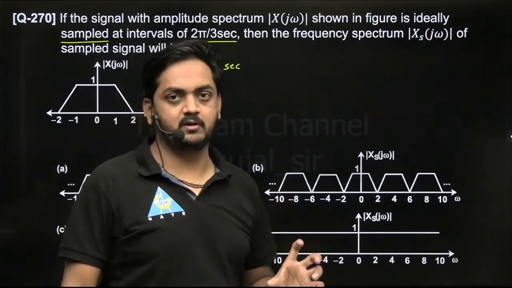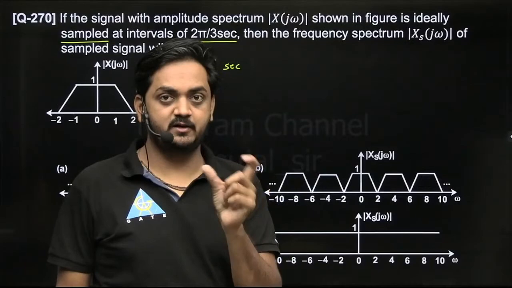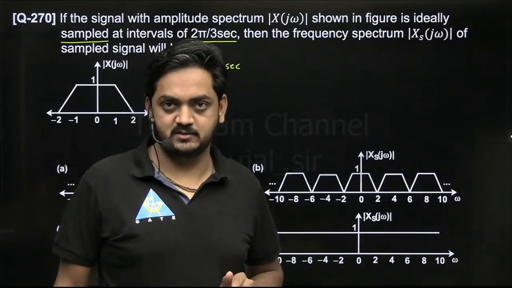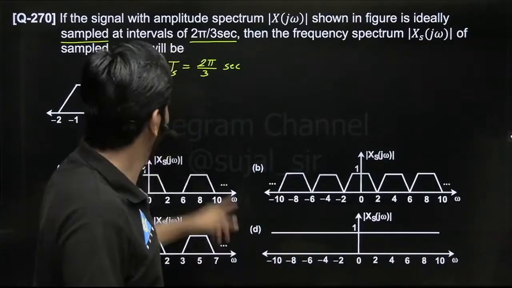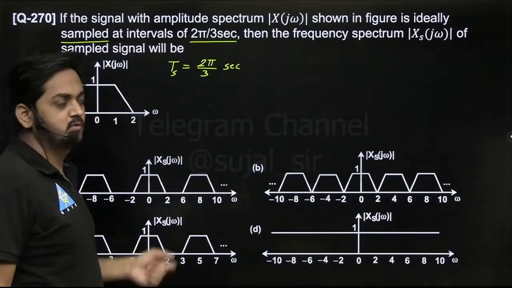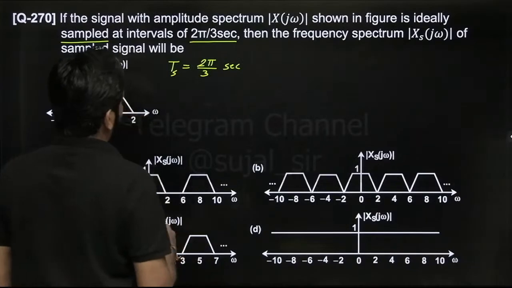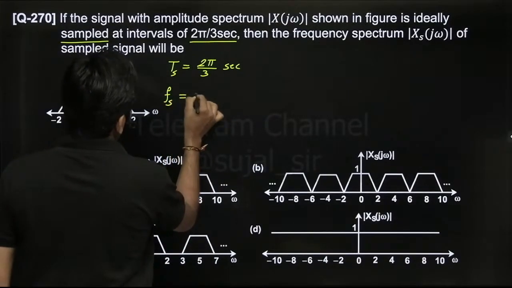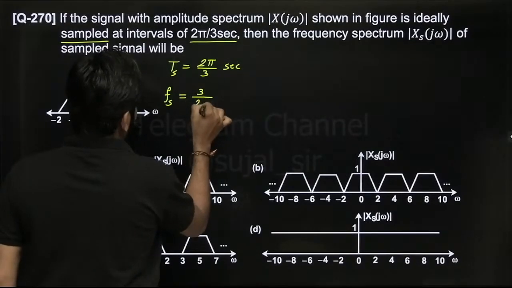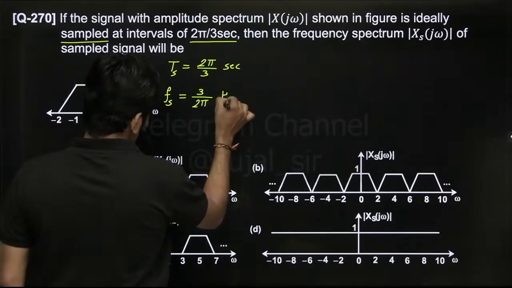Sampled at an interval means the time duration between two samples, which is known as the sampling period. Ts equals 2 pi by 3 second. So fs will be 3 by 2 pi, the inverse of this, in hertz.